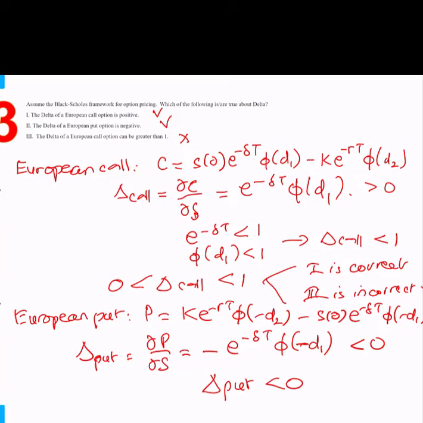So 1 is correct, 2 is correct, but 3 is incorrect. Very easy.